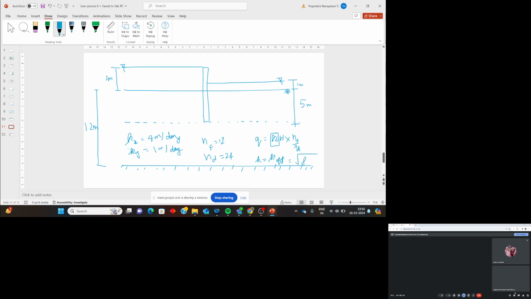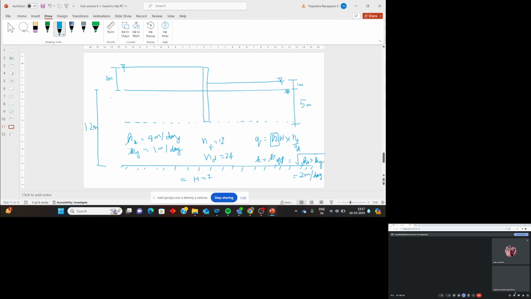So it will be 2 meter per day. Head loss is 3 meters, sorry, 2 meters. H is 2.